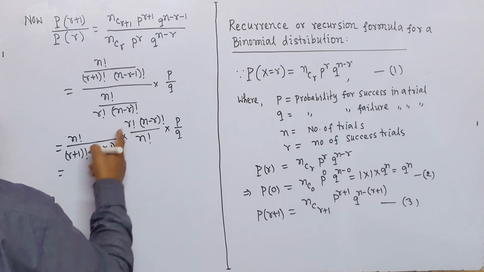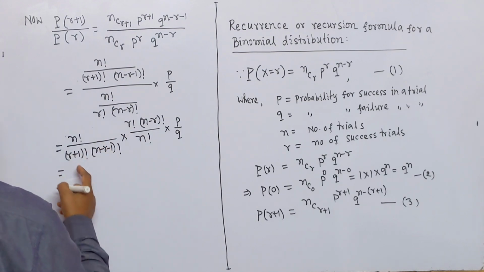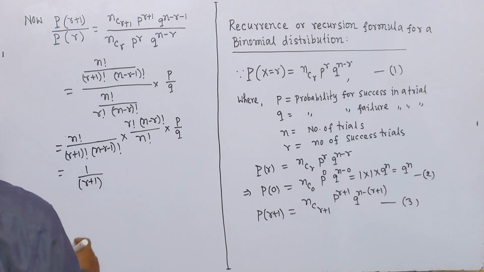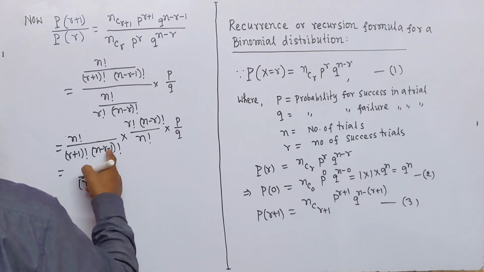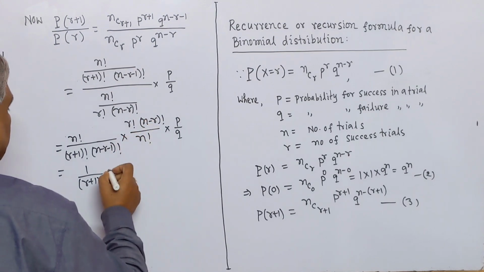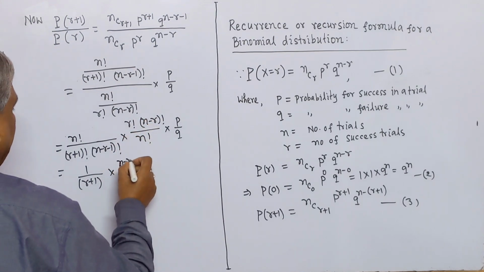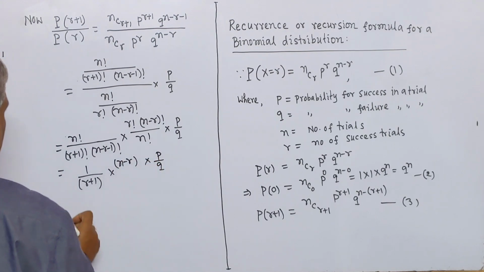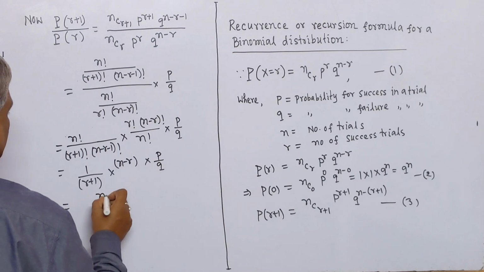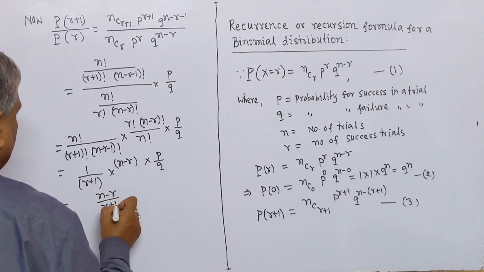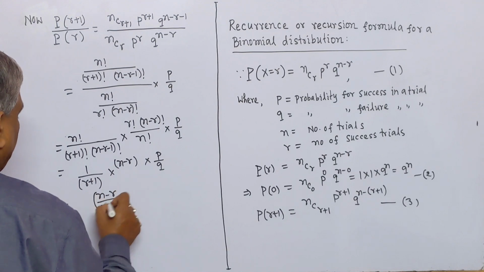Here factorial r, here factorial (r+1), so remains r plus 1 here. Here factorial (n-r-1), here factorial (n-r), so here remains n minus r, p by q. This equals (n-r) by (r+1) times p by q.